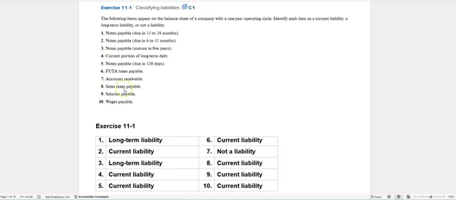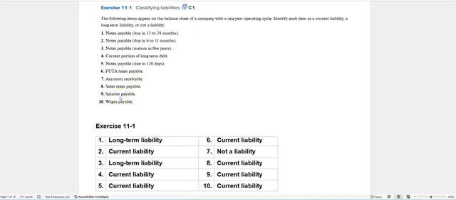Sales taxes payable. Again, they collected sales tax from customers when customers paid for their purchases. That amount collected is owed to the local or state government. I guarantee you the local or state government isn't going to want to wait long to get that money from the company, so it's going to be payable very soon, and it's going to be current.